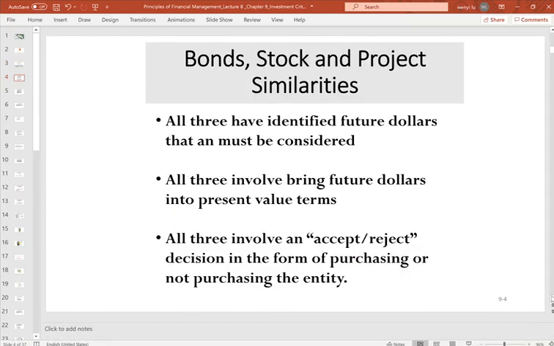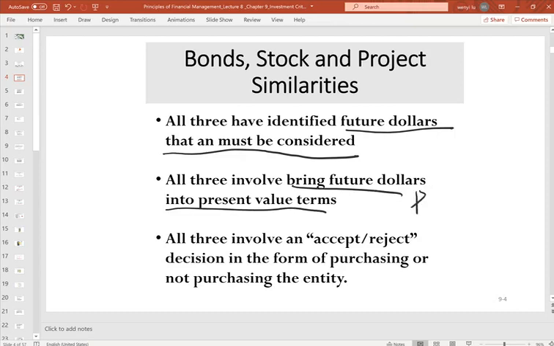So what's the similarity and what's the difference between these three terms? All three have identified future dollars that must be considered. You must consider all these future cash flows, and all three involve bringing the future dollars into present values. We take the PV of all the future cash flows.